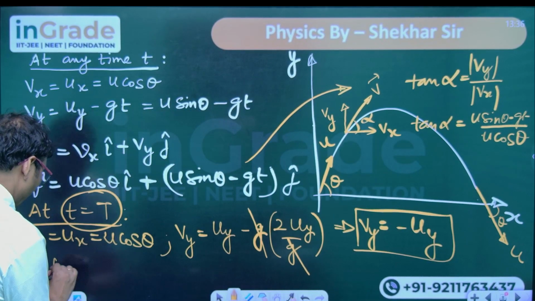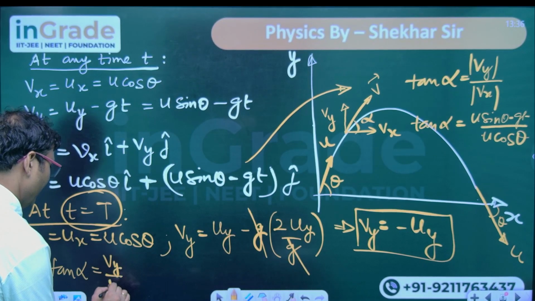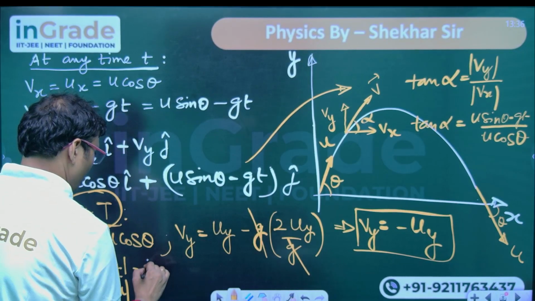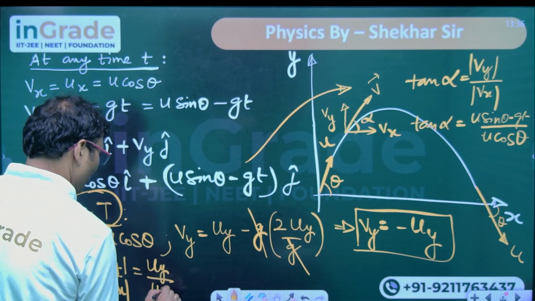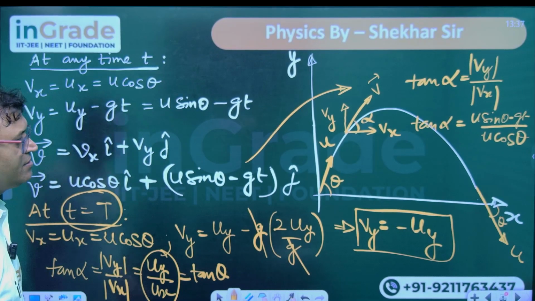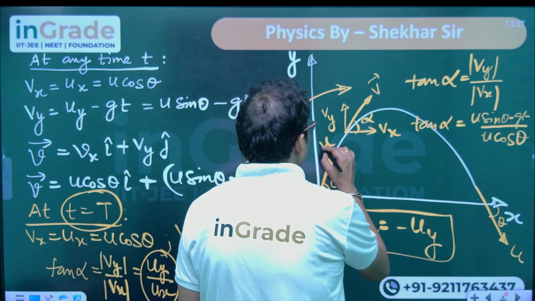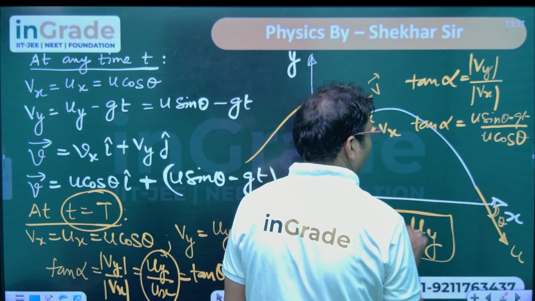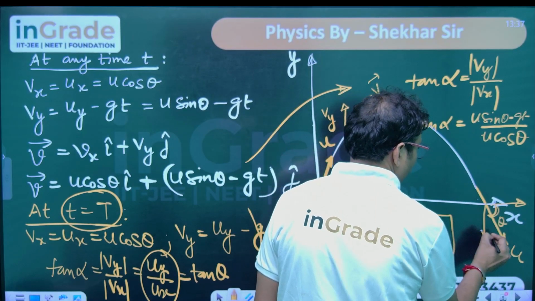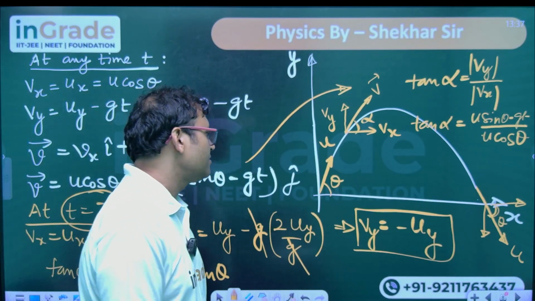If we talk about tan alpha, that is equal to Vy by Vx mode, that is equal to Uy by Ux, that is equal to tan theta. So this angle is also theta, because it has the horizontal component Ux and the vertical component in the downward direction, right?